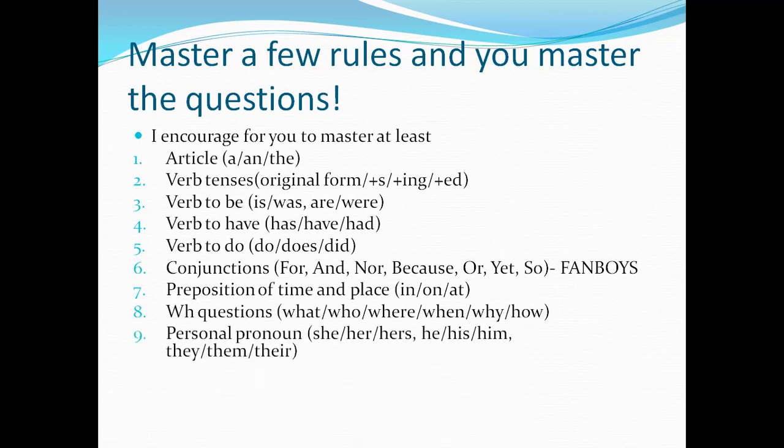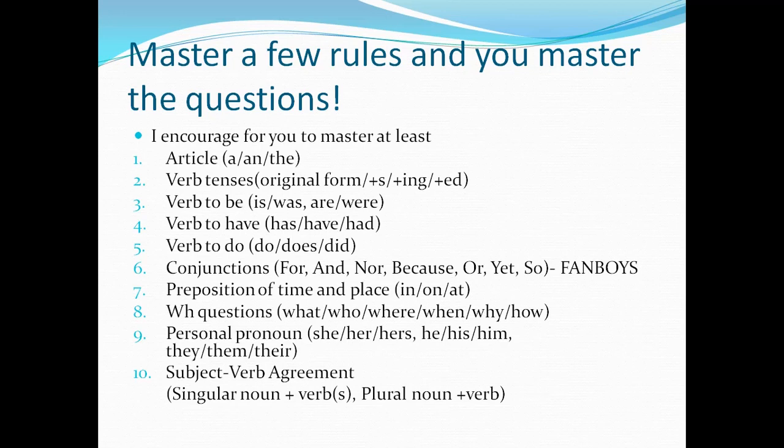Next, personal pronouns, the most basic ones: she, her, hers, he, his, him, they, them, their. And then subject-verb agreement. Singular noun will be used with a verb with s at the end, and then plural noun plus verb in the original form.